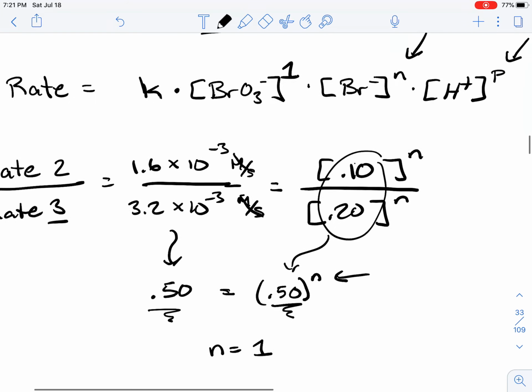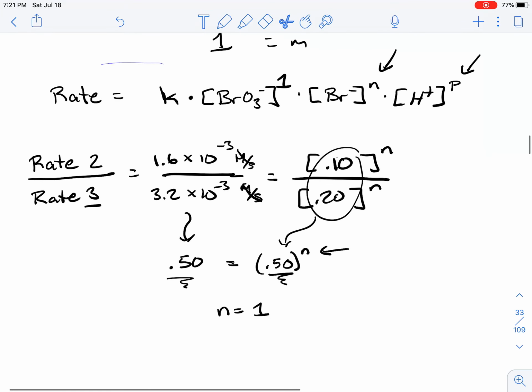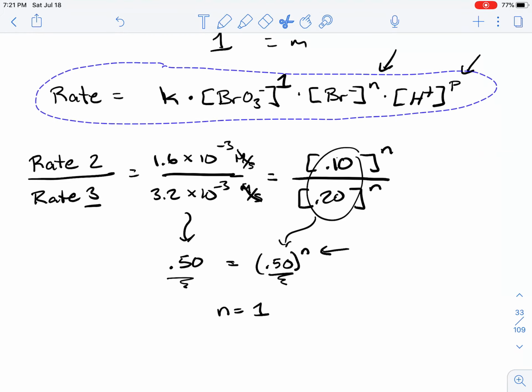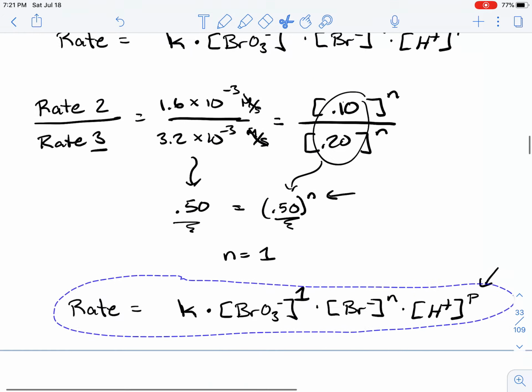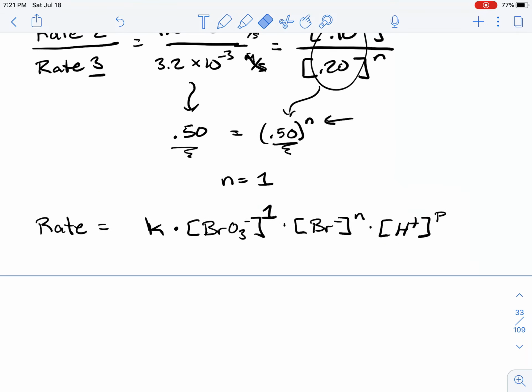And so what we're going to do is update once again our rate law. So now that we solved for the value of n, we're going to go ahead and erase n and replace that with a value of 1. So the last thing that we need to solve for is the order of reaction p.